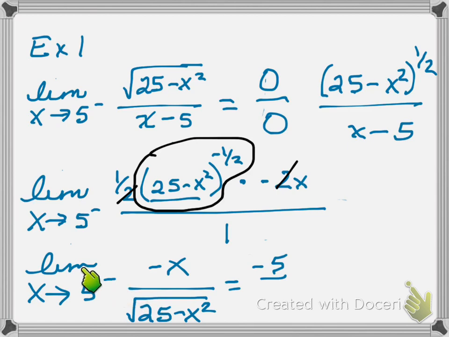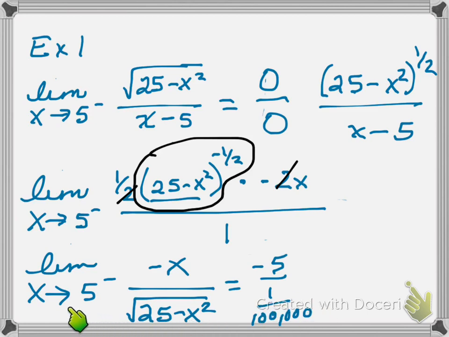So it means what is happening to this as x gets incredibly close to 5. If you put in a 5 exactly, you get a 0. But as you're getting incredibly close to 5, it's giving you a number that's crazy close to 0. So think of numbers that are crazy close to 0, like maybe 1 over 1,000,000 or 100,000. That would be incredibly close to 0.